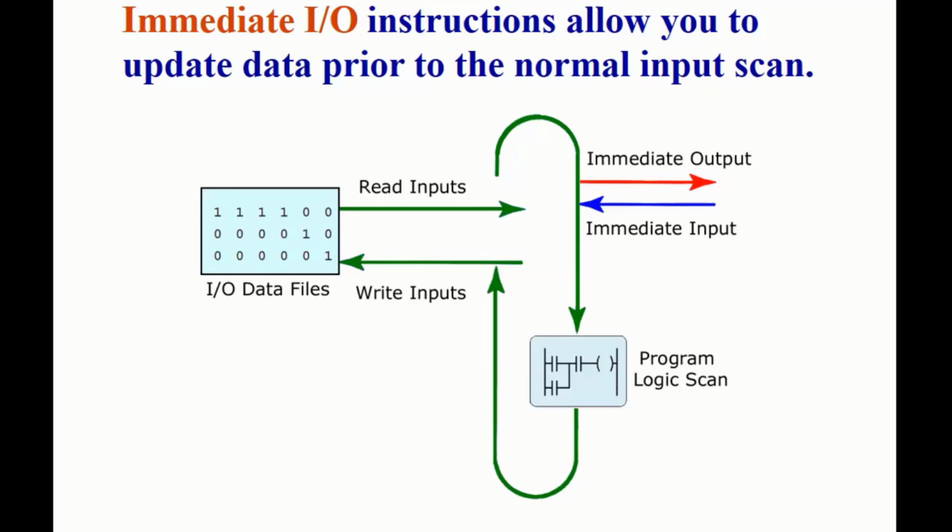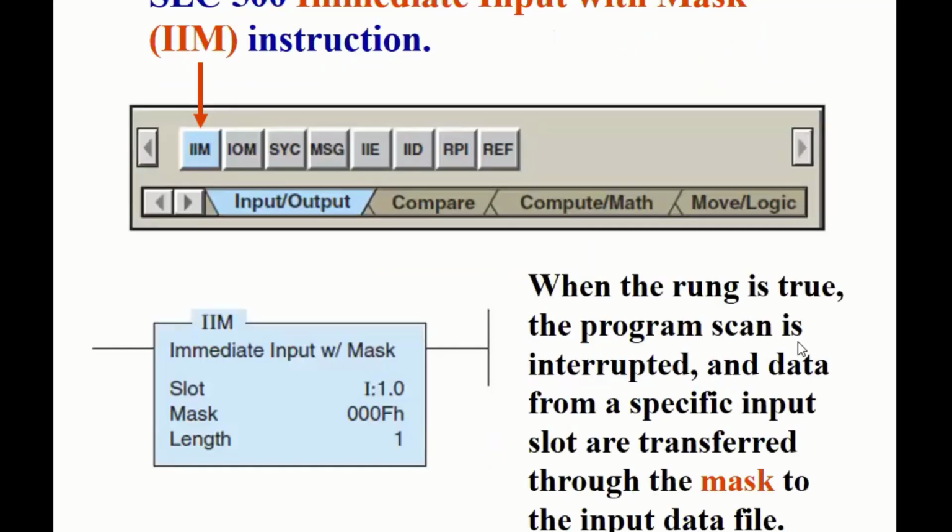Okay, so you're going to have inputs being read, and then inputs being written on the IO data file. Then you're going to have an immediate input, and then you're going to have a program logic scan. And that's the IIM.